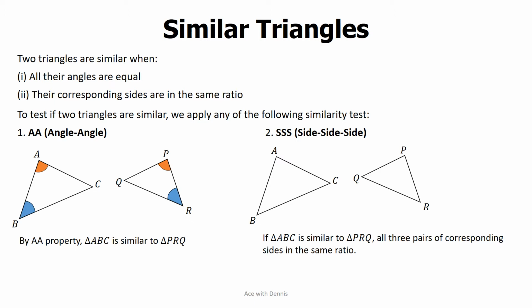If triangle ABC is similar to triangle PRQ, all three pairs of corresponding sides are in the same ratio, which means that AB over PR, which is this side to this side, equals AC over PQ, which is this side to this side, equals BC over RQ, which is this side to this side.